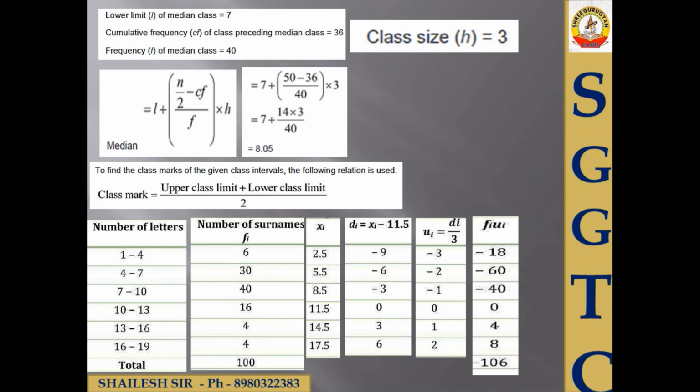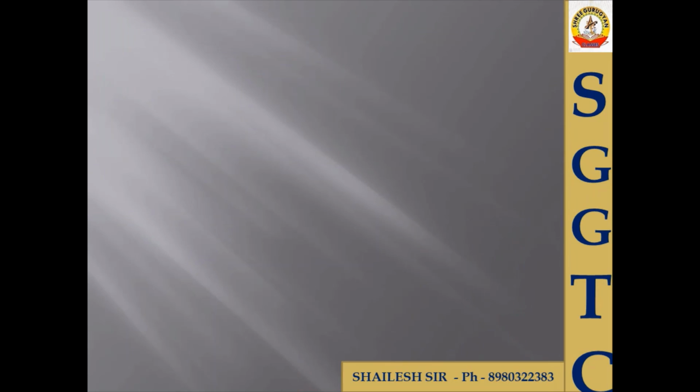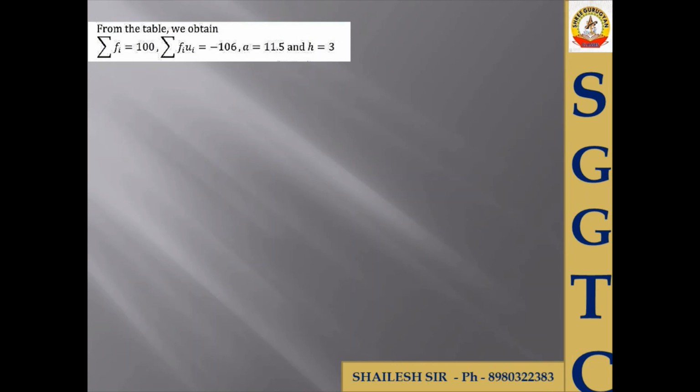And all these values, students, we apply in the formula. The formula is also known. Assumed mean A: mean is equal to A plus sigma FiUi by sigma Fi into H. From the above table, sigma Fi is ready 100, sigma FiUi is ready minus 106, A is 11.5 and H is 3.